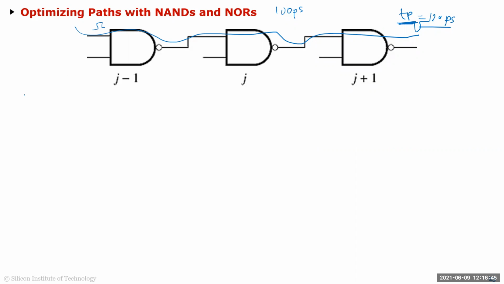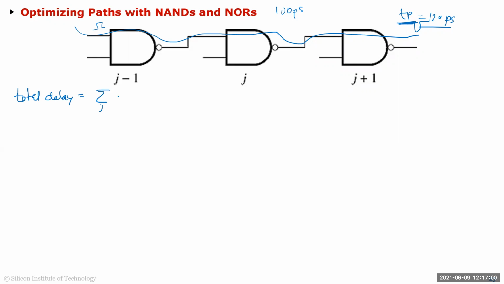Okay. So here we apply the same principle. If I want to know the total delay in this path, and let's say this is the total delay of the NAND gates, then just like I did with the inverter, I sum over all the NAND gates.